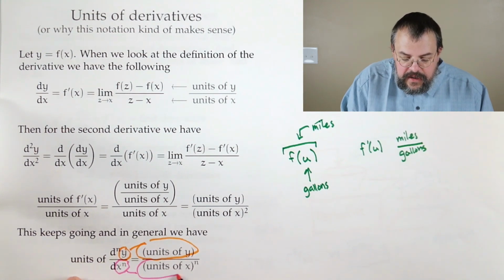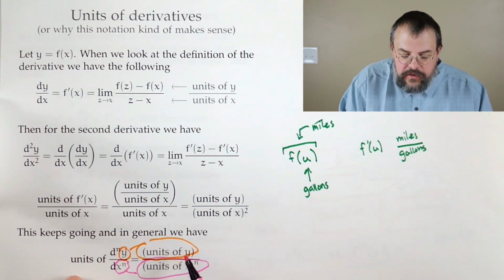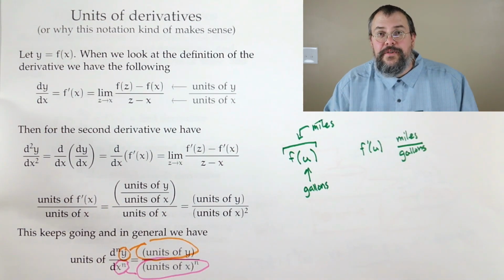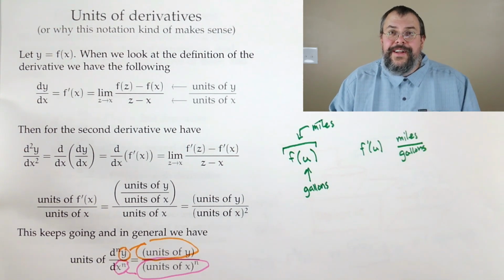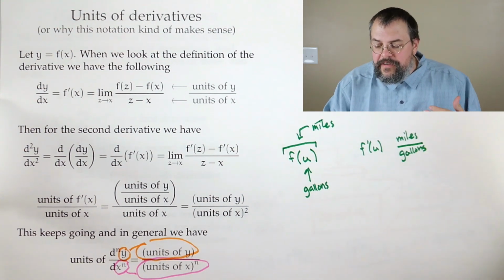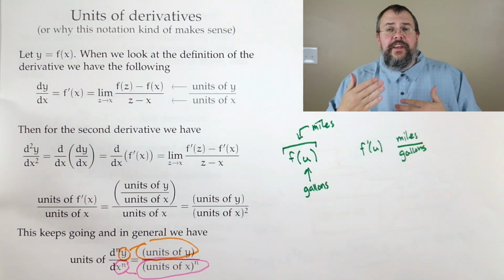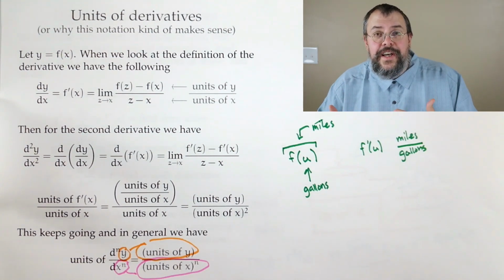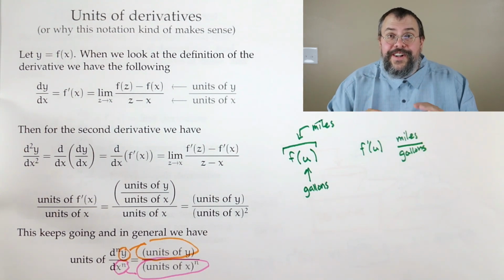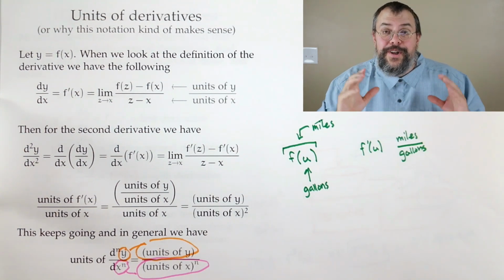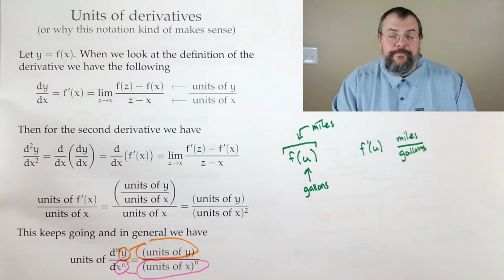So that's how we get the downstairs. It matches. You raise this to the nth power. You don't raise that. It's just the original units themselves. And so it's beautiful. Calculus is set up in such a way that things will work nicely. It's almost like we want things to work nicely. Spoiler alert, we do.